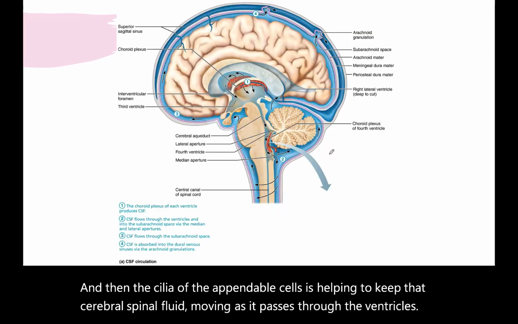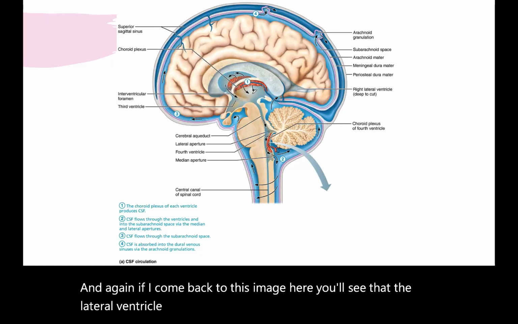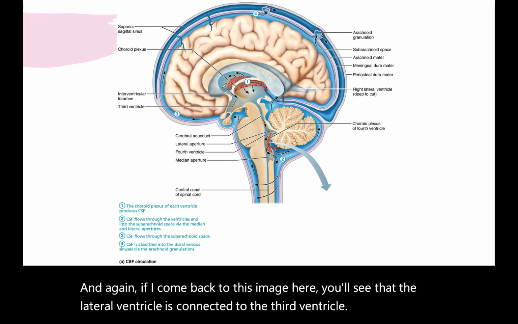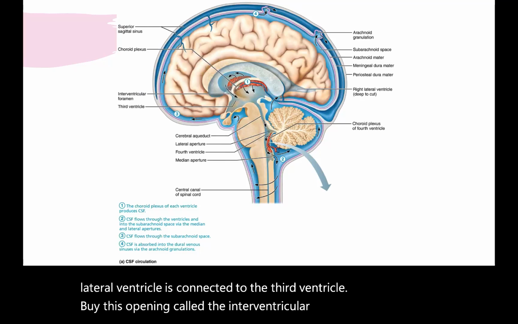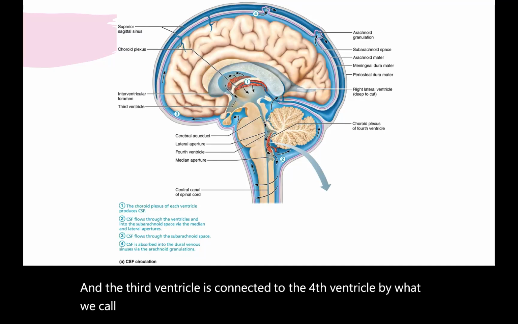And again, if I come back to this image here, you'll see that the lateral ventricle is connected to the third ventricle, right, by this opening called the interventricular foramen. And the third ventricle is connected to the fourth ventricle by what we call this cerebral aqueduct. Right?